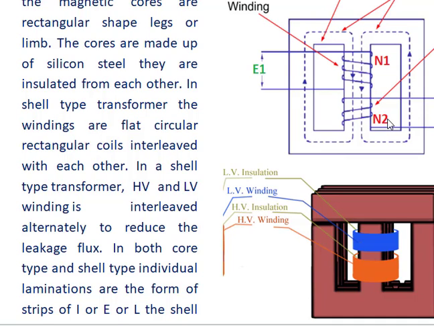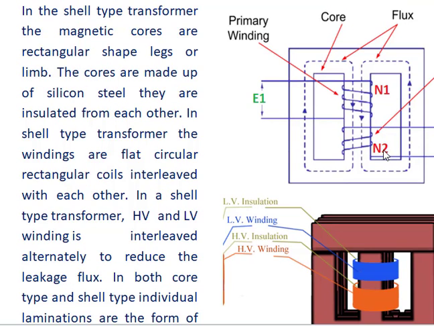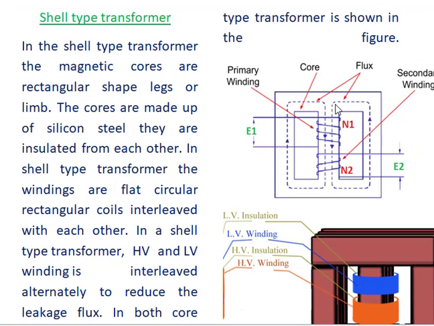So the voltage is E2. The number of turns of the secondary winding is N2, and the voltage appearing across the secondary is E2. It is the core, it is the magnetic flux produced here. So it is the brief explanation about the core type transformer and shell type transformer.